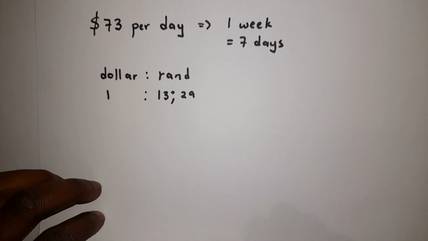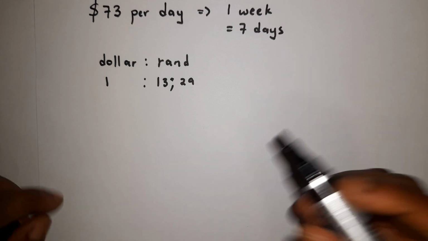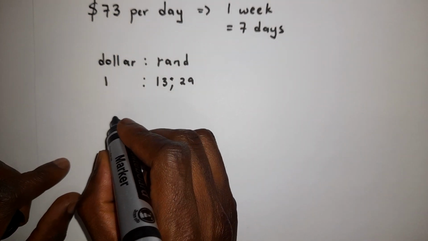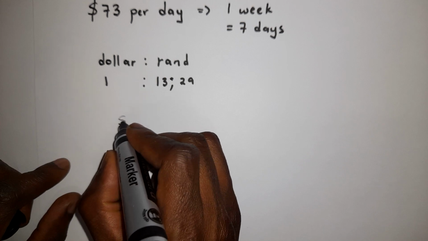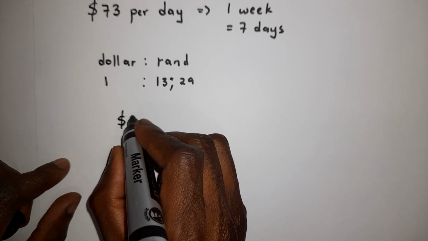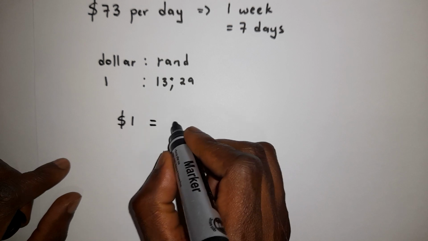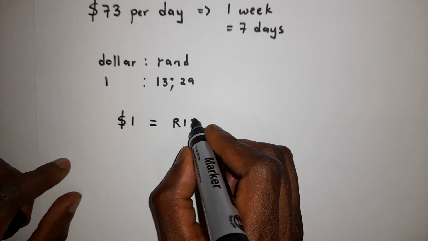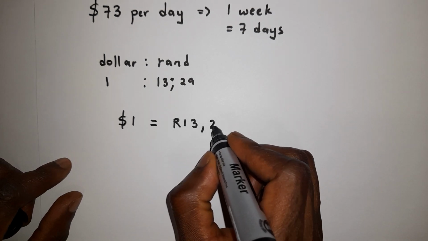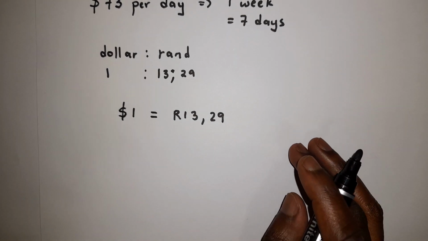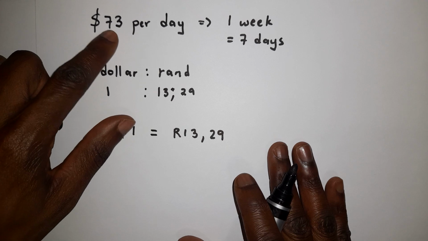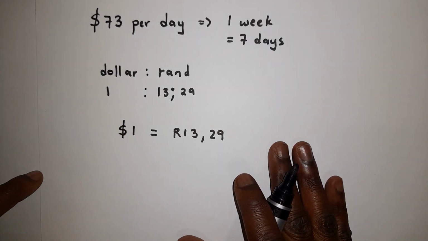An easier and quick way to convert this would be to start with the exchange rate. I would also write it with the units. So we know that $1 costs exactly 13 rands 29 cents. The idea is to write all the information that you have. We are asked how much $73 is in rands.